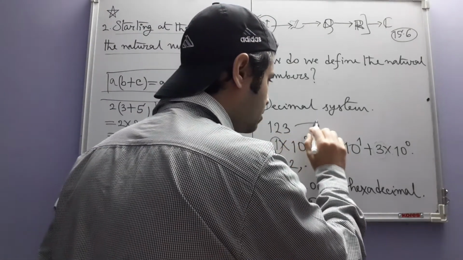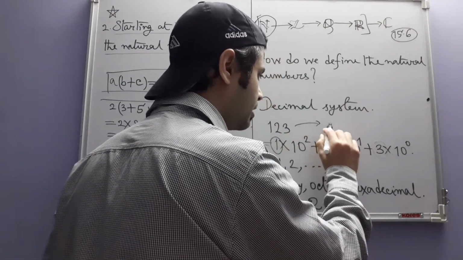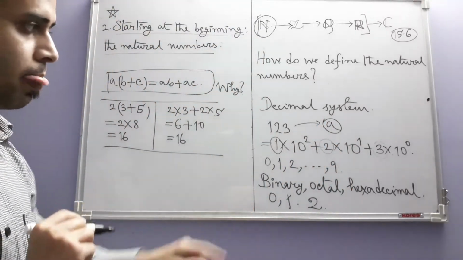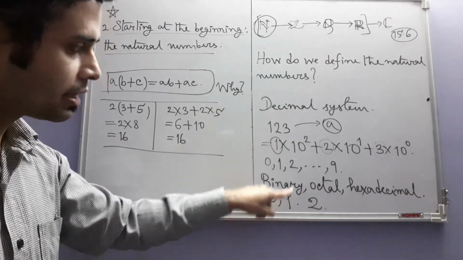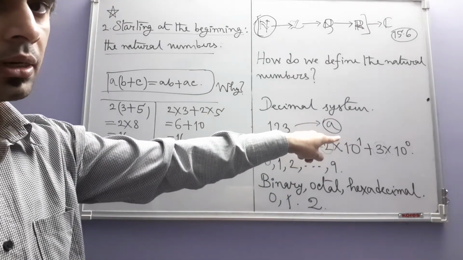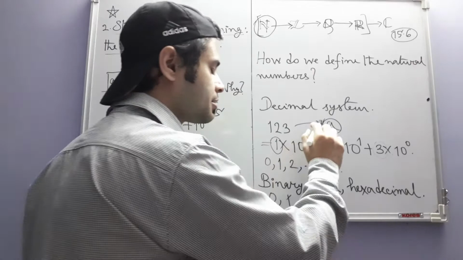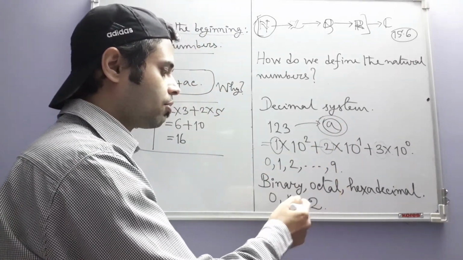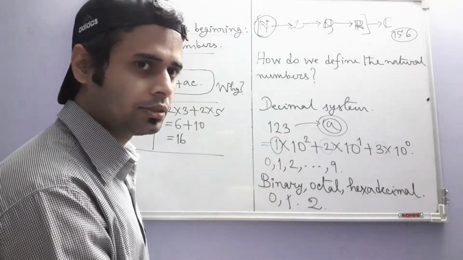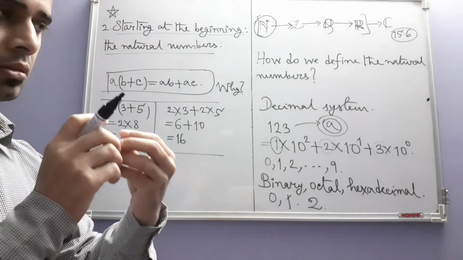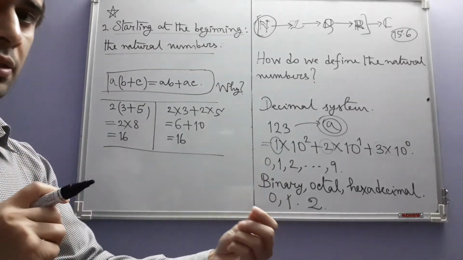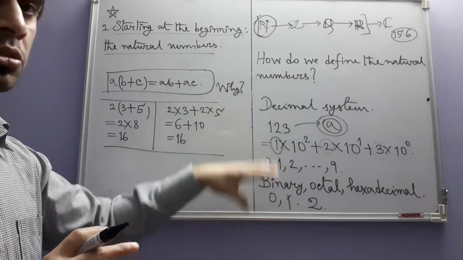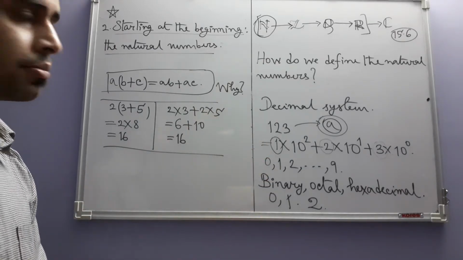The actual entity 123, let me call that A, that stays the same, and these are different representations of that same number. It's like saying a sentence in English or in some other language. The meaning of the sentence stays the same. Its meaning does not change, only the language in which we are saying the sentence changes.